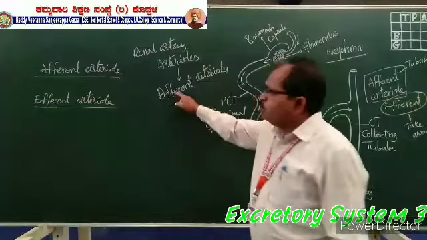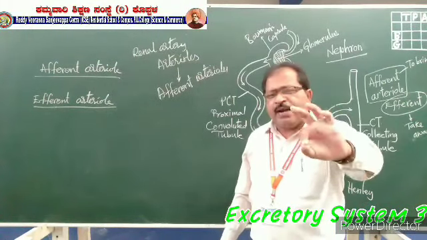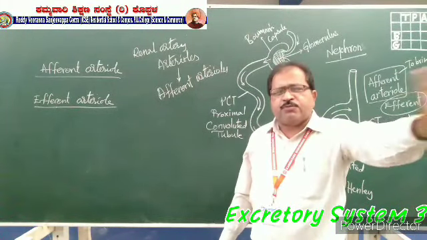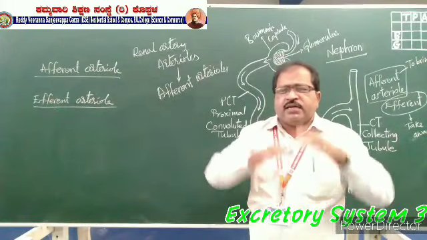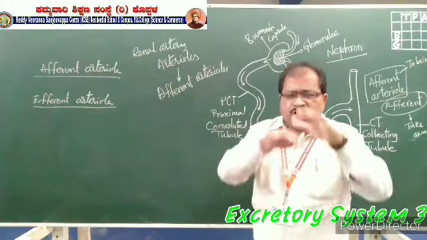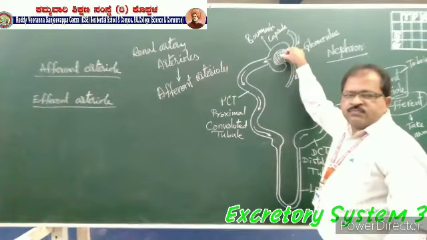These afferent arterioles take the blood and enter into the Bowman's capsule and form a network of blood vessels there. That network of blood vessels is a knot-like structure, called the glomerulus.